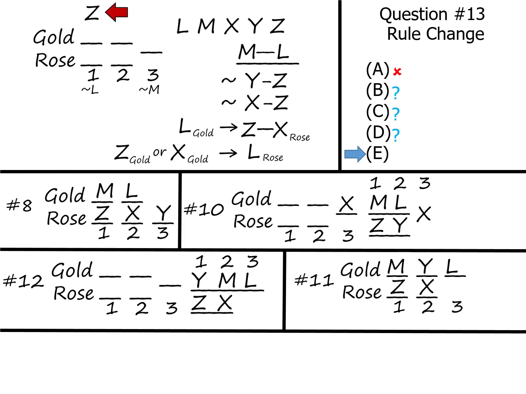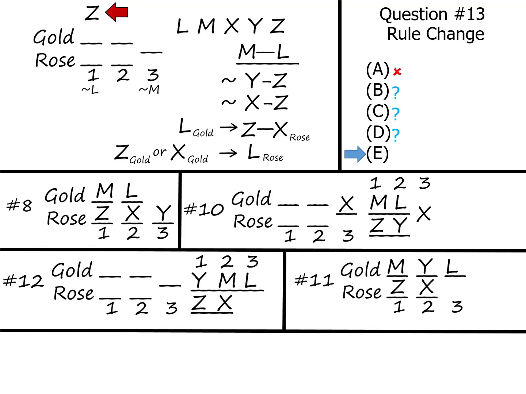So what we have right now are a bunch of question marks. Now, since answer choice E was one of our deductions, though, it does suggest that when we go do the second half of the question, we might want to start with it. And the second half of the question would be to try to test answer choices. And the way that we test answer choices is we think about trying to break the rule that we're being asked to replace while following the rule that we're given in the answer choice.